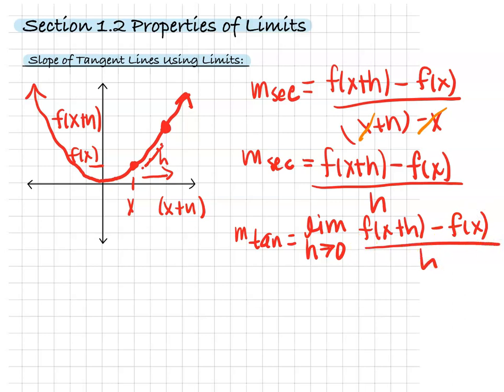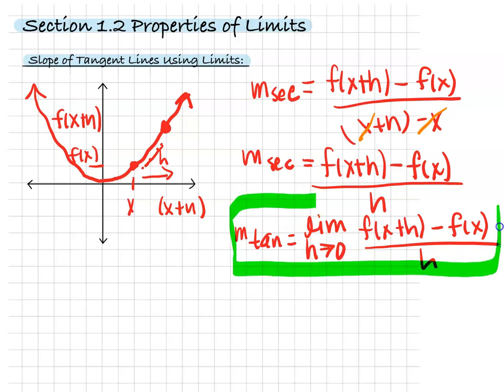The limit of that is going to be my slope of my tangent. And so here we are at 1.2, putting it all together starting from 1.0. We're back to that original situation of how do I find the slope at a tangent so I can create not just a secant but a tangent at this point. And we're going to do that by the limit process of decreasing the length of h.